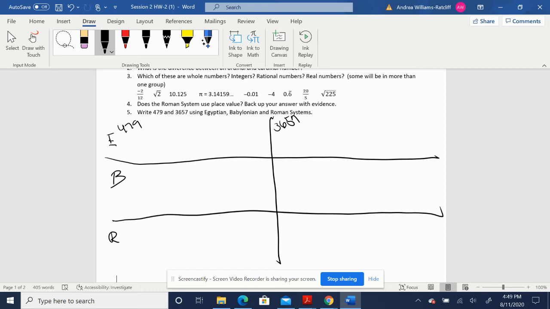So for 429, the largest place value I have is 100. So I've got to represent 4 hundreds. Okay. 70, so I've got to represent 7 tens. And then I've got to represent 9 ones.